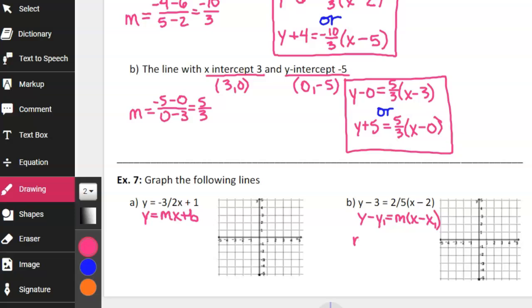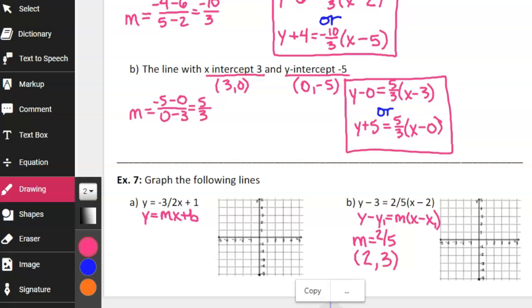For part B, our slope is 2/5, but that means nothing unless we have a place to start from. So we're going to go ahead and write down our ordered pair that we get from x1 and y1. The x1 value is 2, not -2, but 2, because our formula is x minus x1. So if I have x minus 2, then 2 is my value. And my y1 value is 3.